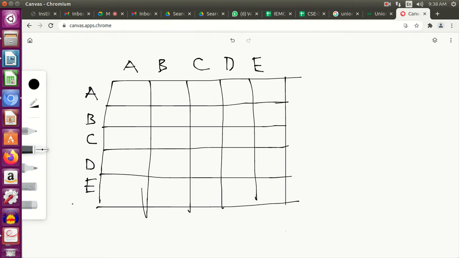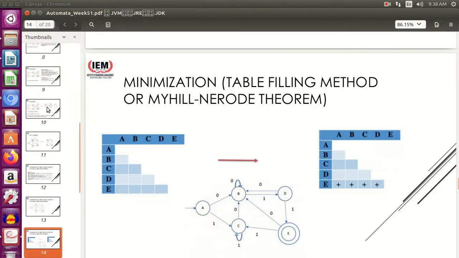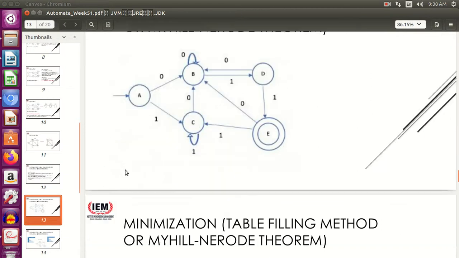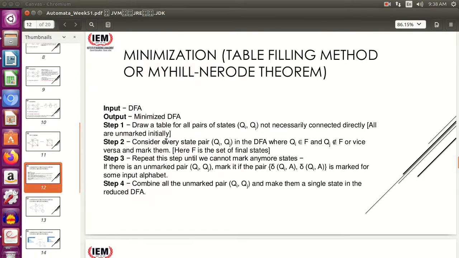Now start filling the table from the lowermost row. How to fill the table? Come to this step: consider every state pair in the DFA where Qi belongs to F and Qj does not belong to F, right?